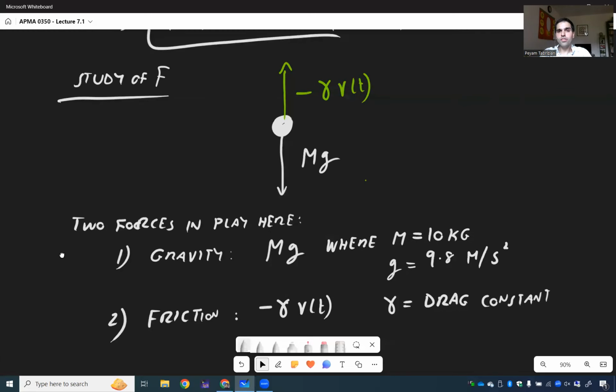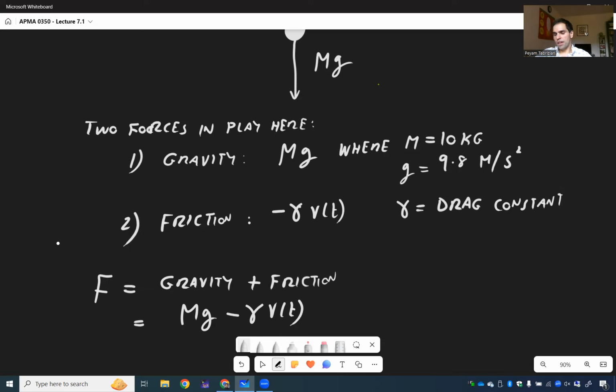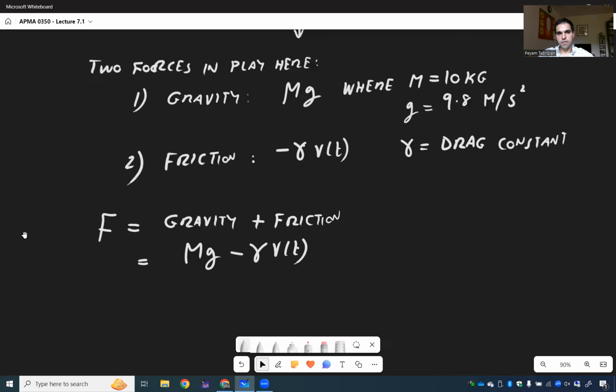So what is the force in the end? F is just gravity plus friction, which is, again, mg minus gamma v of t. And that then becomes 9.8 times 10 minus 2 v of t.